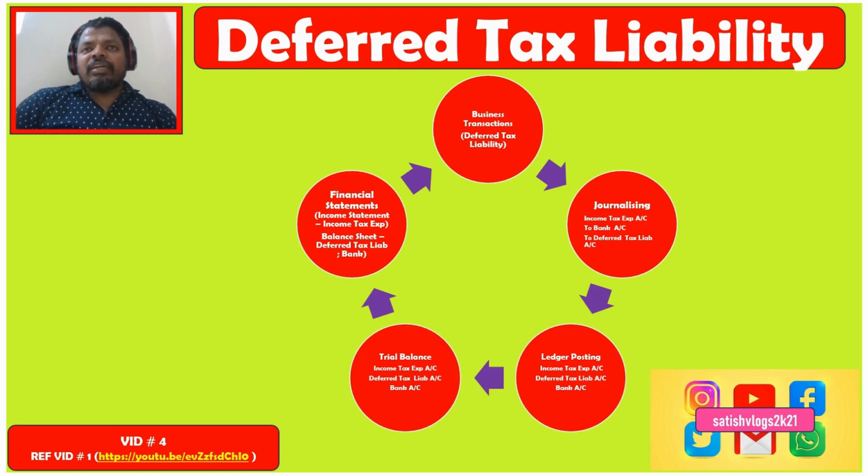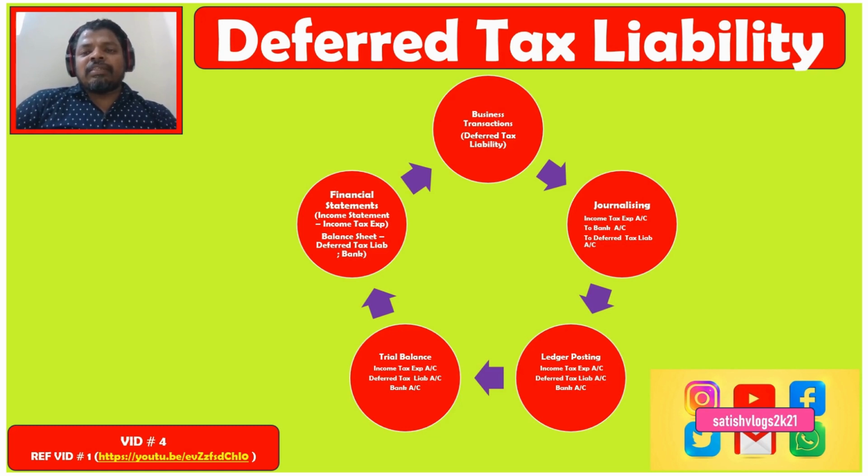my book profit income is more than the taxable profits income, right? Then in such a case, there would be an excess tax computed as per book profits.